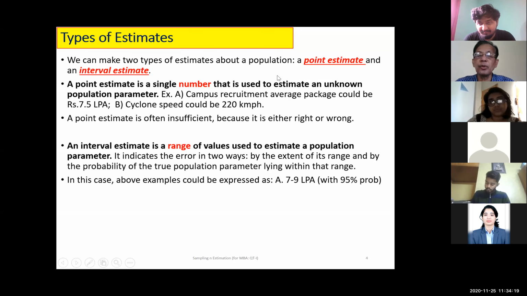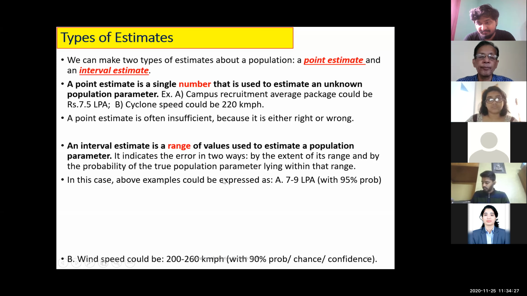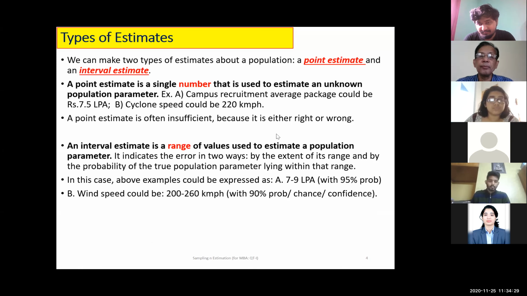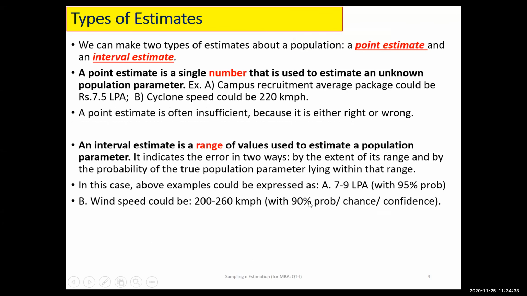Dheeraj, I would request you, when I am covering a particular type of sampling, please remind me of this example. Moving forward, similarly, the wind speed. You can write that with 95% confidence, or 95% chance, or 90% probability, it would perhaps be 200 to 260 kilometer per hour. So this is what we do for an interval estimate.